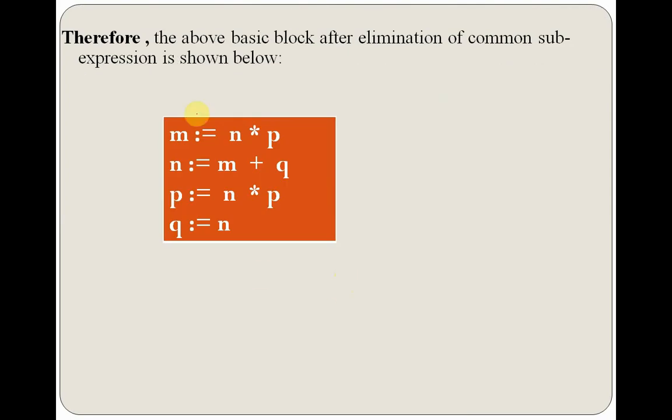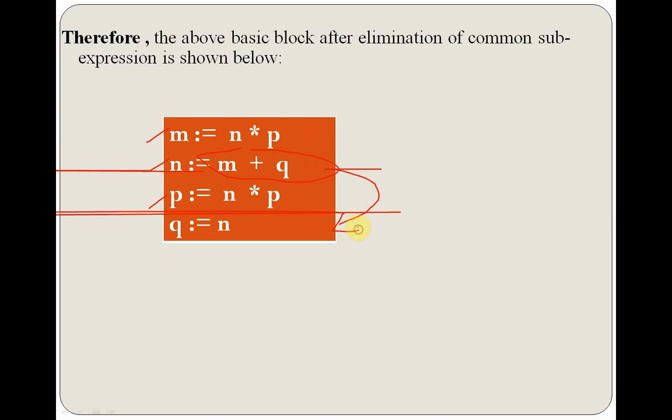So the simplified basic block is shown below. m equal to n into p, n equal to m plus q, and p equal to n into p. Here m plus q is a common sub-expression and was computed again as q equal to m plus q. So this can be eliminated here and the earlier value will be reused here.